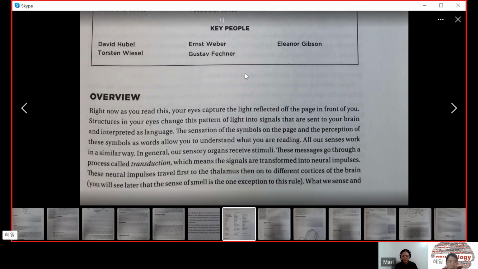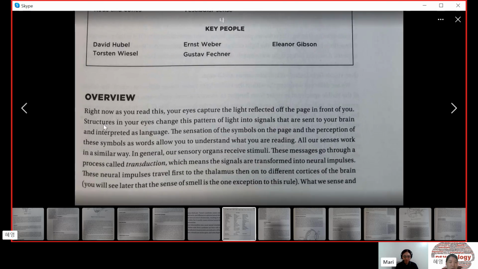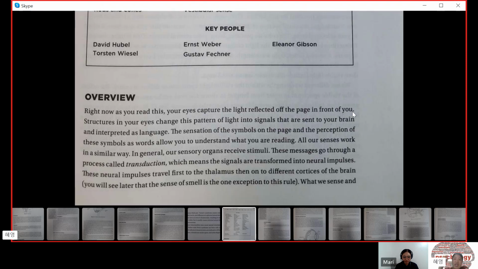So let's look at the overview. Right now, as you read this, your eyes capture the light reflected off the page in front of you. So that's why you can see the letters. Structures in your eyes change this pattern of light into signals that are sent to your brain and then interpreted as language.